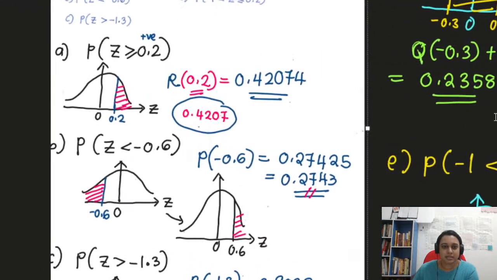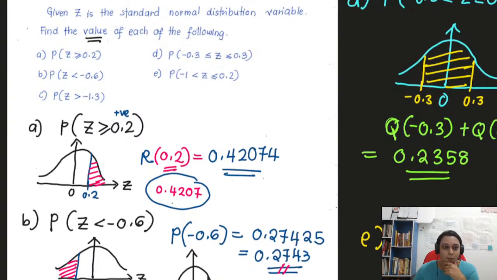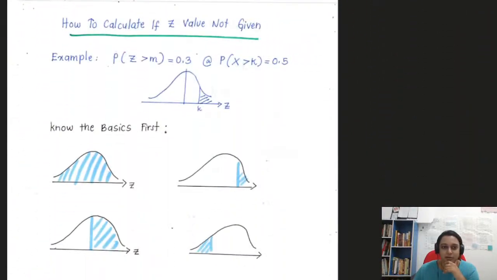Okay, because this one we already discussed, I think last class we already did this one, right? So we are supposed to continue with the next part, which is how to calculate if the value of Z is not given. Yes, teacher, I couldn't finish.